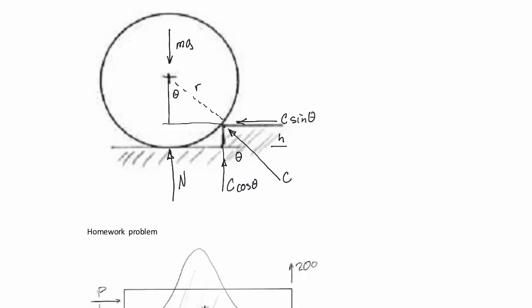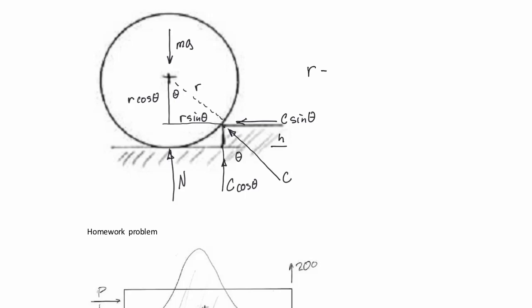And the lever arms are going to be defined by this little triangle right here. So if this is theta right there, this is going to be r cos theta, and this is r sine theta. This total distance here is r. This is distance h.